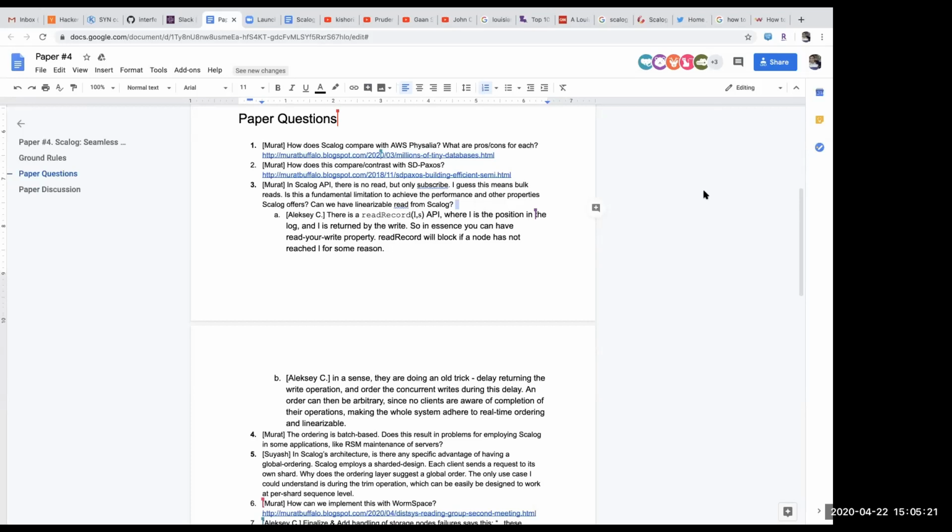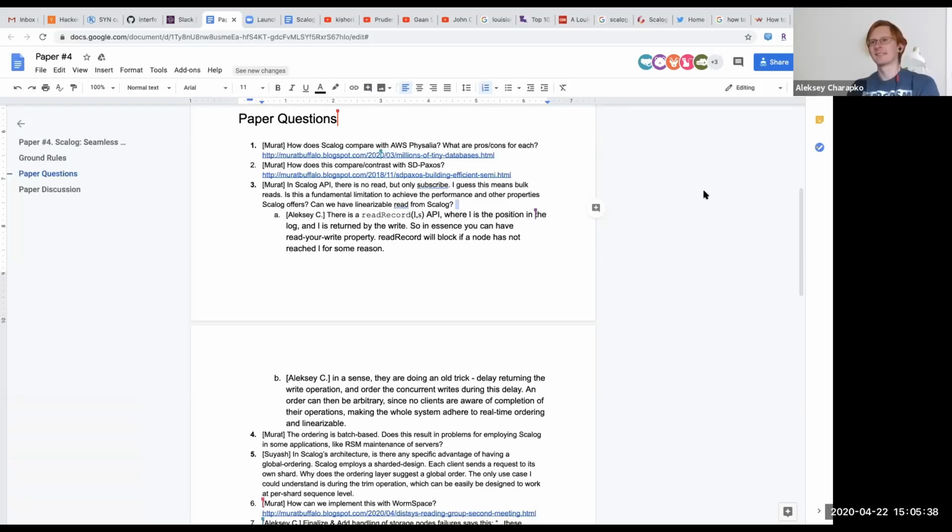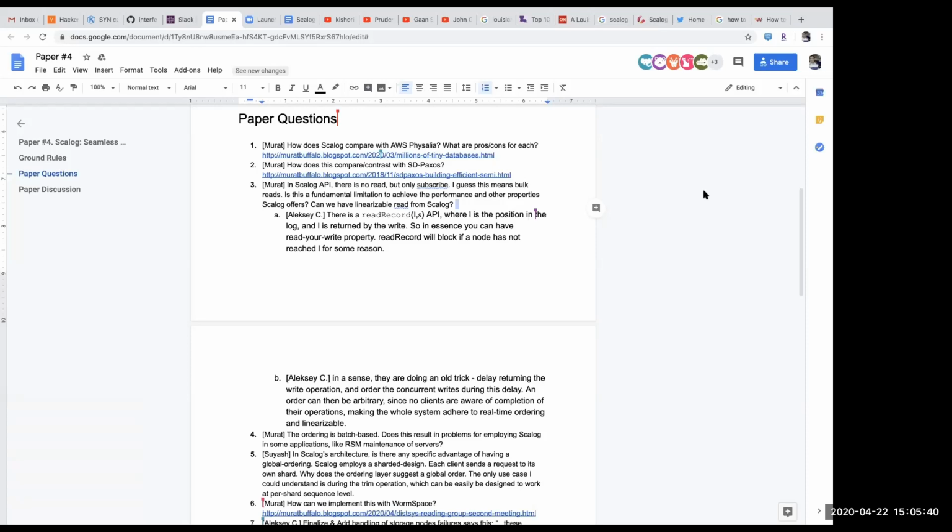But I think the difference between this and other systems, at least what the paper says, is that with others, even writes cannot continue. I mean, it depends on how you interpret writes. If you just talk about bulk writes and not acknowledging them, then I think that can continue. But if your application is synchronous, which means it does a write and waits for it to be acknowledged, then yeah.